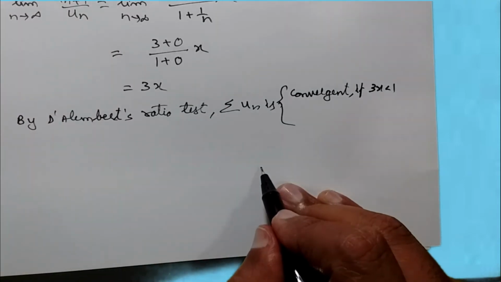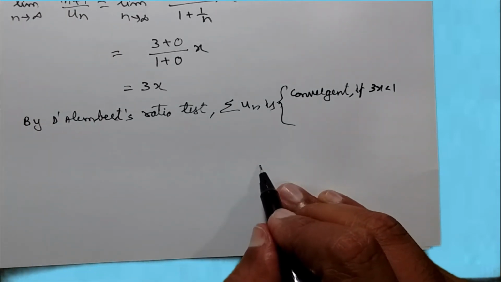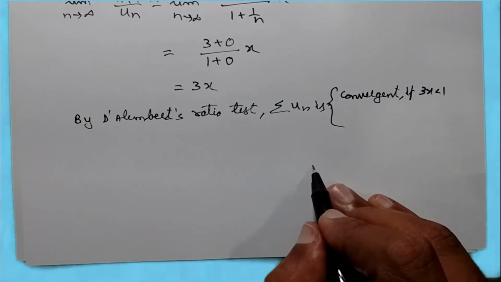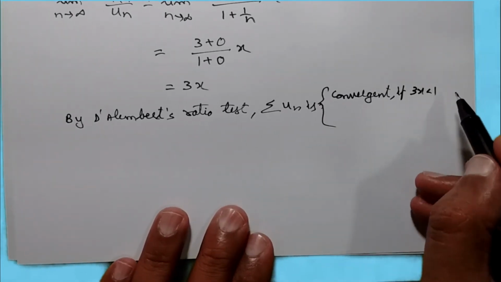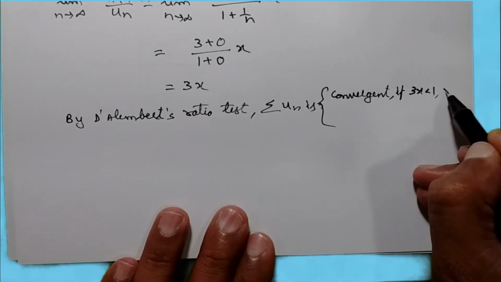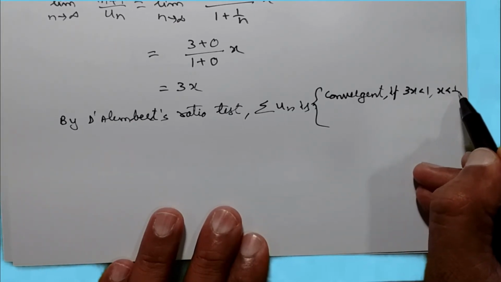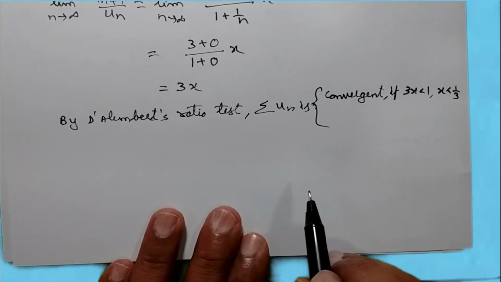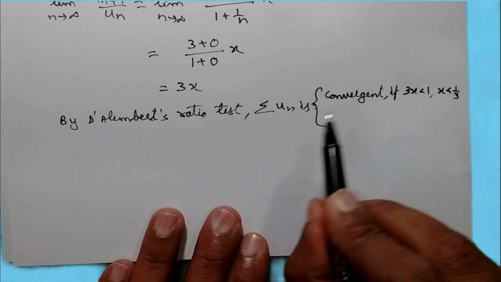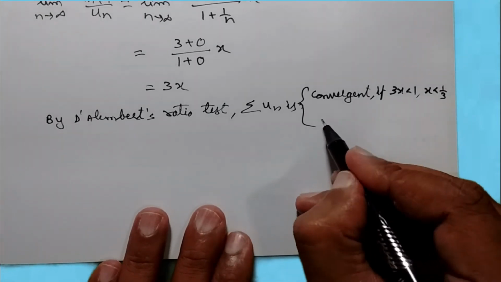If 3x is less than 1, then the series will be convergent. Alright. So less than 1, or can I write this as x less than, you take 3 in the denominator, it becomes 1 by 3. x is less than 1 by 3. So if x is less than 1 by 3, the given series will be convergent.